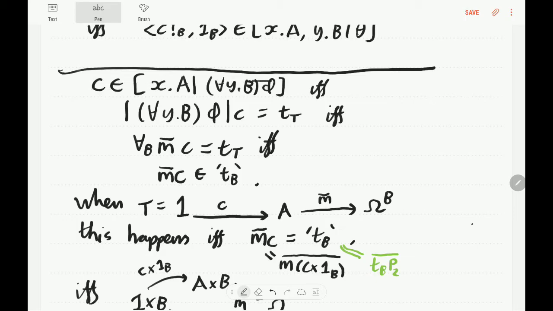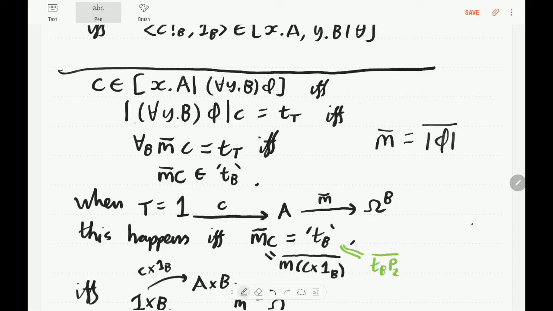C is in this extension of for all y theta, if and only if doing the interpretation of this term here, after C gives true, if and only if for all B transpose M, so transpose M is interpretation of phi transposed, okay?